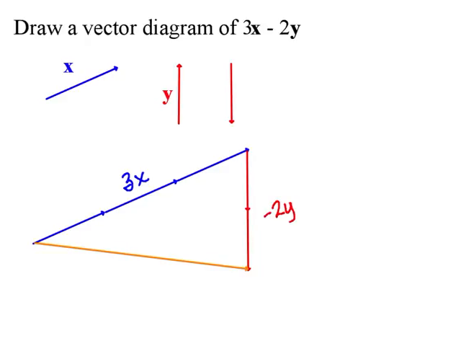So that will be what 3x minus 2y looks like. Now, if that would have been plus 2y, you would have been up here somewhere. You have to go with whatever you're given there, whatever the vectors are in the problem.